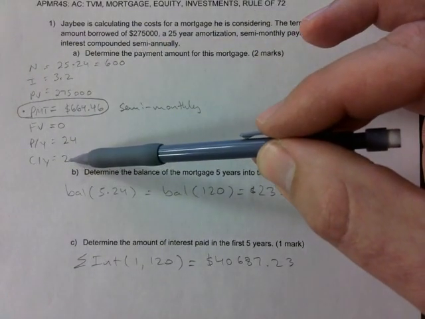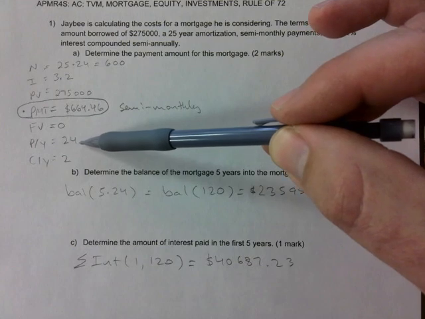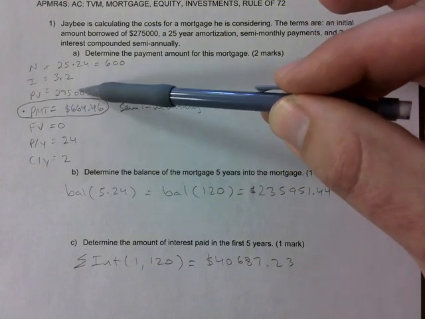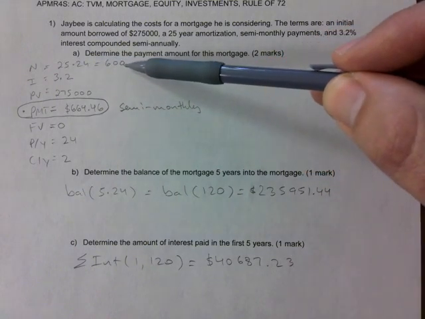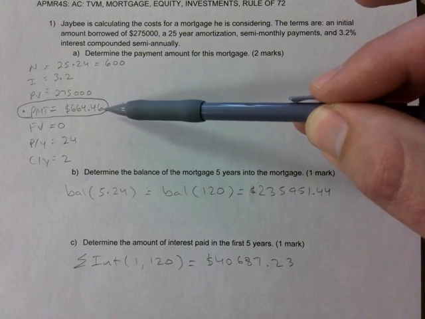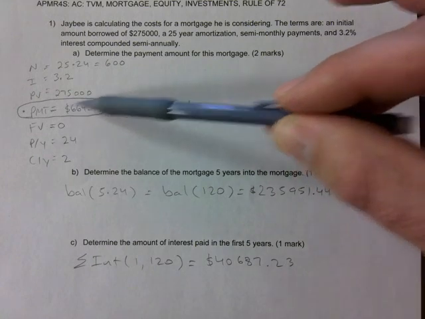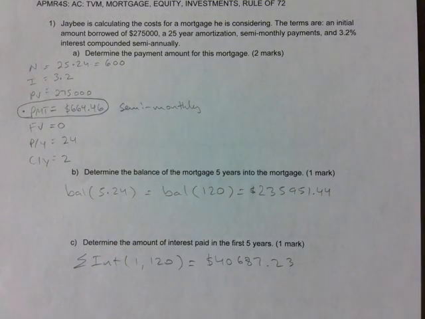Compounded semi-annually, so that's 2. Payments are semi-monthly, so it's 24, 0, 275, 3.2. 25 years over 24 semi-monthly periods at 600. So our payment is 664.46. Of course, that's going to be negative because it's going to the bank, but the present value has to be positive.